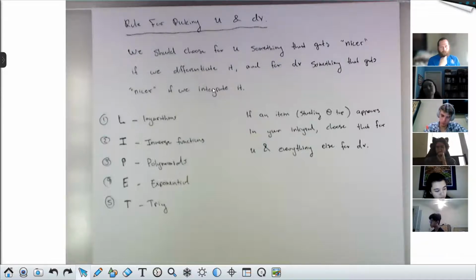If an item, the parenthetical here is starting at top. So starting up here with logarithms and moving down. If an item starting at the top appears in your integrand, choose that for u and everything else for dv.